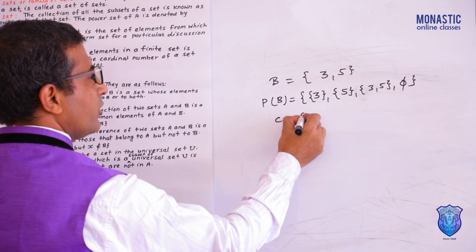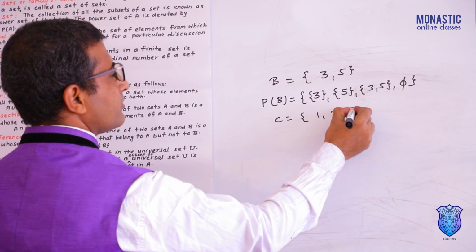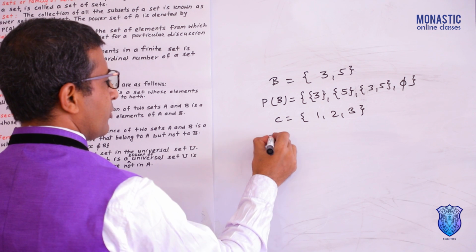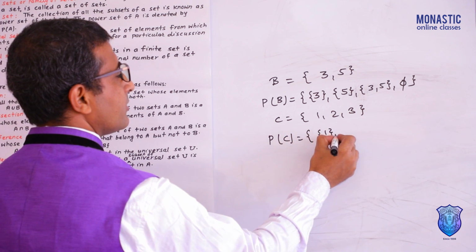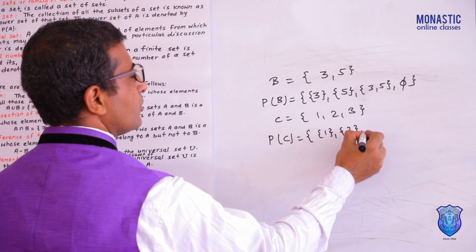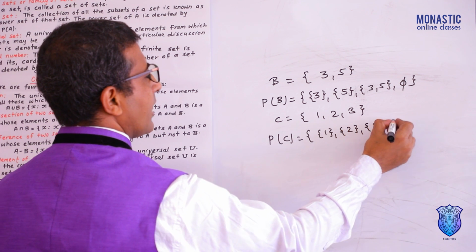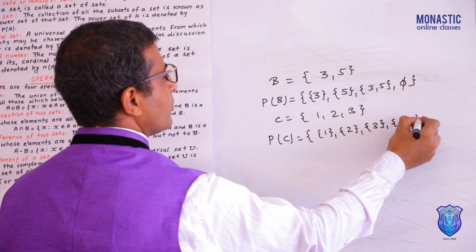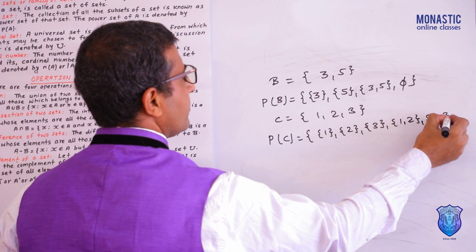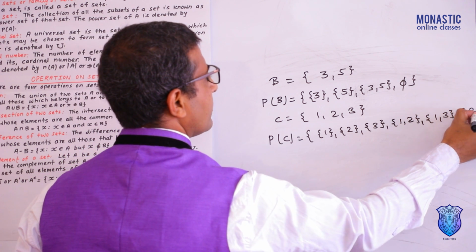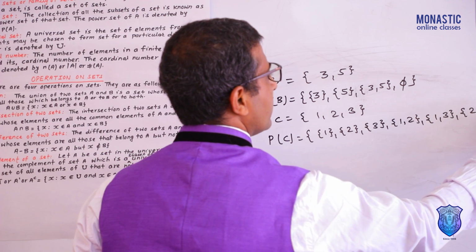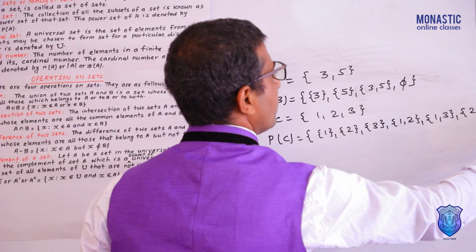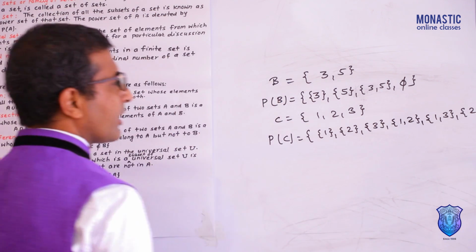If there are 3 elements, that is the power set of C: first singles {1}, {2}, {3}, then {1, 2}, {1, 3}, {2, 3}, then {1, 2, 3}, and finally we have the null set.